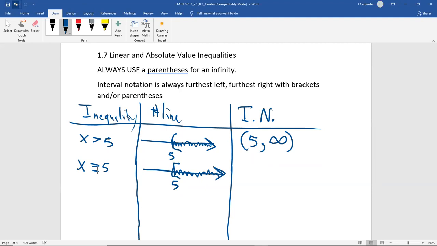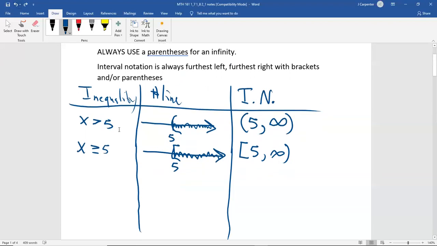But for now, bracket. The interval notation still goes 5, infinity. That furthest left is still 5, the furthest right is still infinity. You still parenthesis the infinity, but you have to bracket the 5 because it had the or equals. One thing I always associate, the or equals is a straight line, brackets is just connecting several straight lines. I don't know, worked for me.